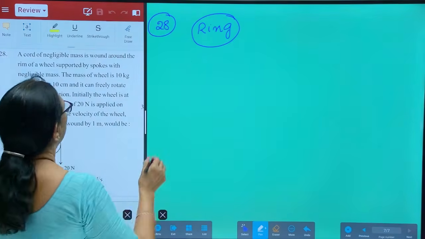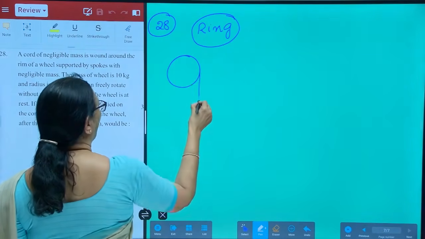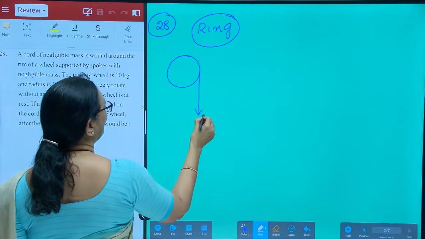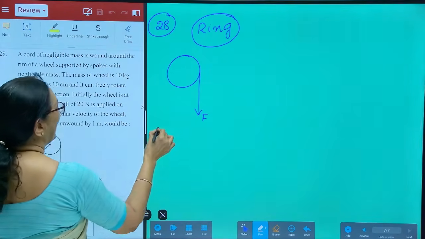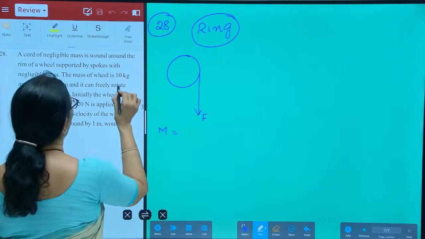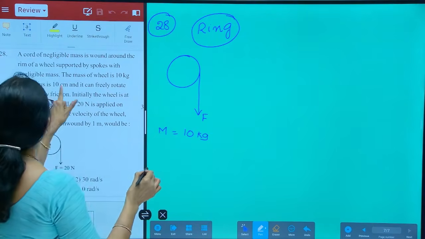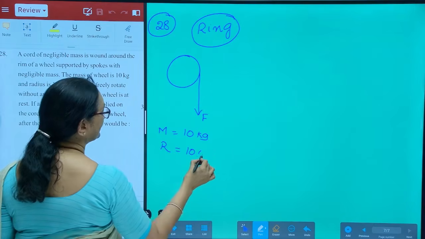Now, the diagram given is like this. This is a ring on which a cord is wound, and it is being pulled by a force F. In the problem, the mass of the wheel is given as 10 kg. The radius of the wheel is given as 10 centimeters.